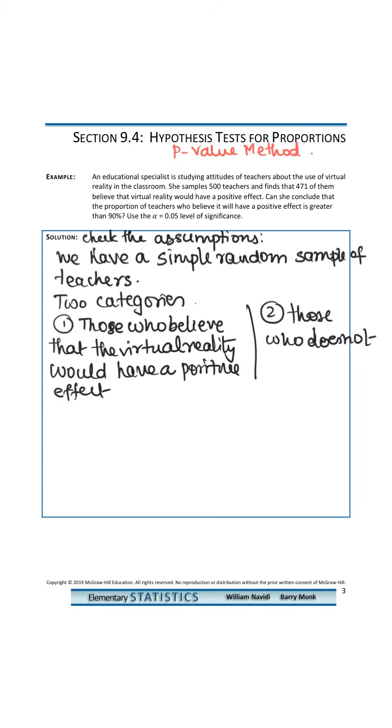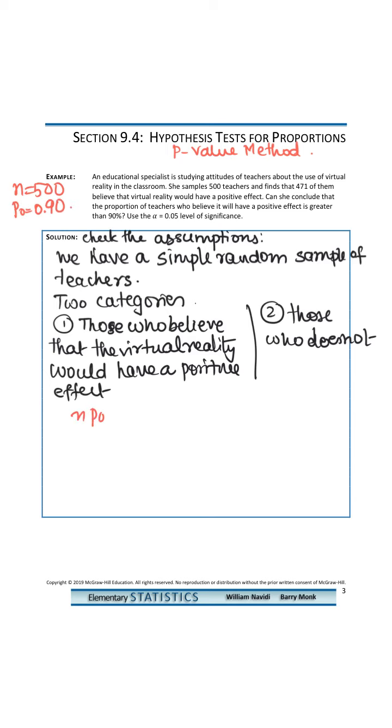First check the assumptions. We have a simple random sample of teachers. There are two categories, those who believe that virtual reality would have a positive effect and those who do not. N equal 500 and P naught equal 0.90.